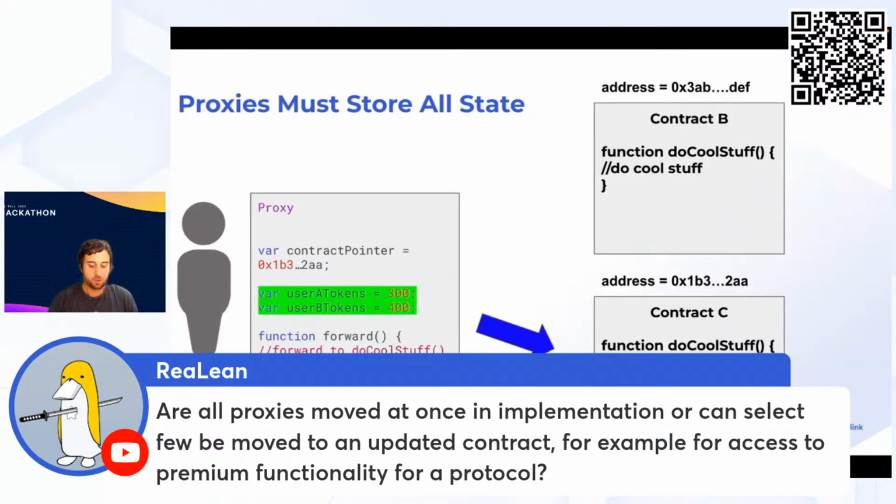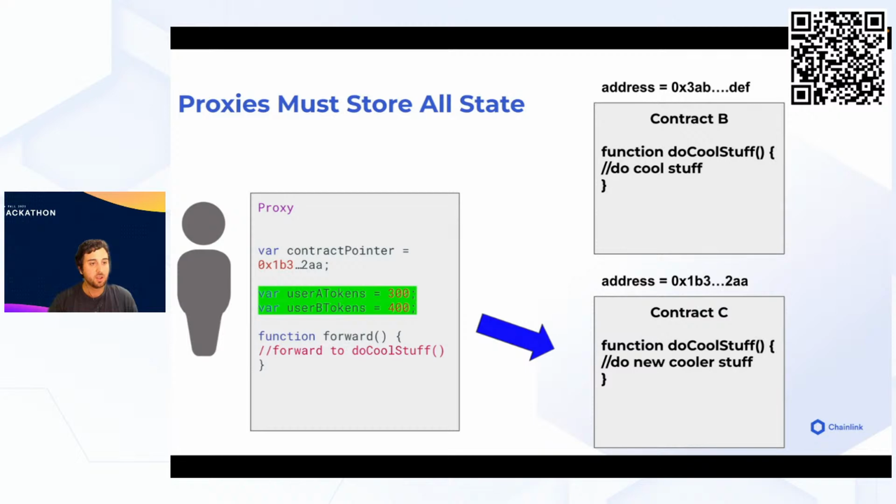So we write our contract C that has the new functionality added in. In this case, we just edited do cool stuff and added newer functionality to this function, but we could have added another function as well, a function do awesome stuff here, right?